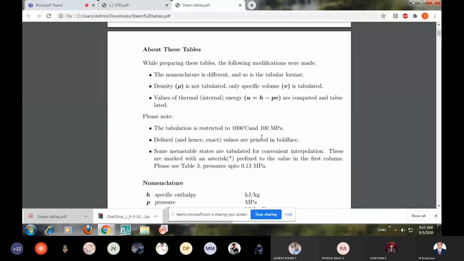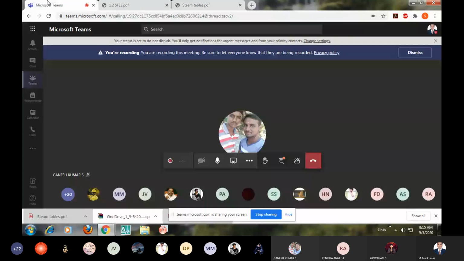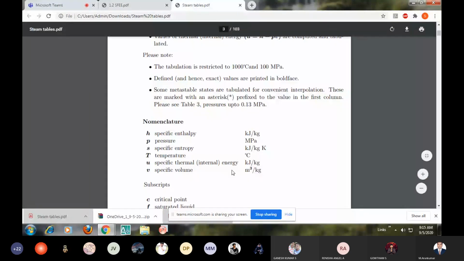These are the terms used in the steam tables. H is specific enthalpy, in kilojoule per kg. Then P is pressure, small s is specific entropy, then U is internal energy, and V is the specific volume.